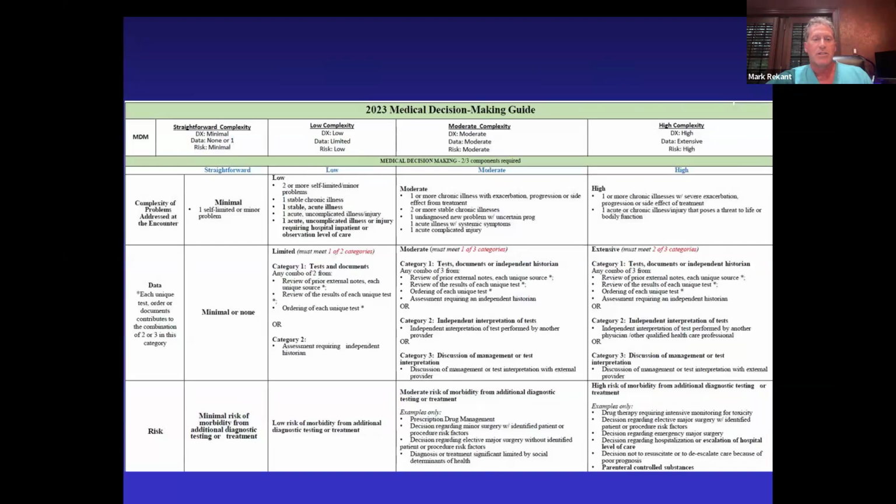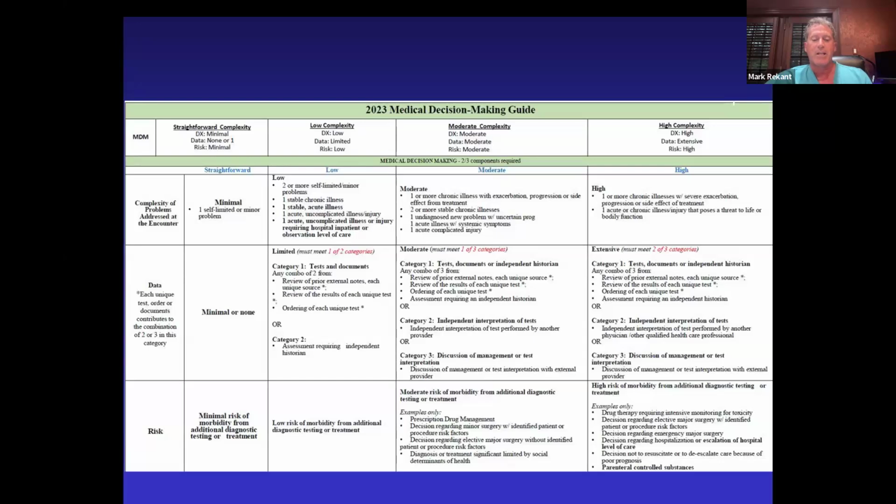So this one, you just see basically the difference is under moderate, you have to have one of these two components. So documenting a review of previous notes, super easy. The patient has a chronic illness or a new complaint, again, which is classic if someone's coming in for any one of the things we've talked about this evening. And then a moderate decision-making function.